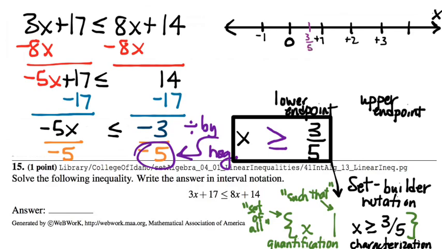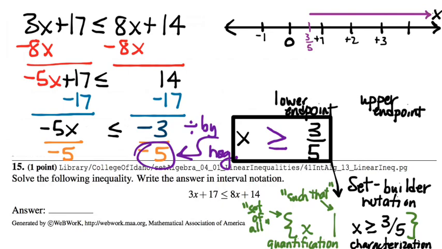My first question is, if I'm going to color in that part of the number line which satisfies this inequality, am I going to color to the right of 3/5 or to the left of 3/5? Always to the right in this example, because x is greater than. And the meaning of the word greater than is to the right on the number line of. That's one way of defining what it means to be greater than.